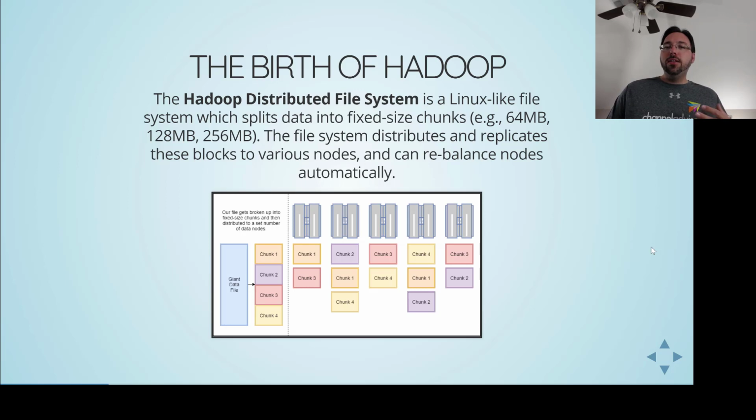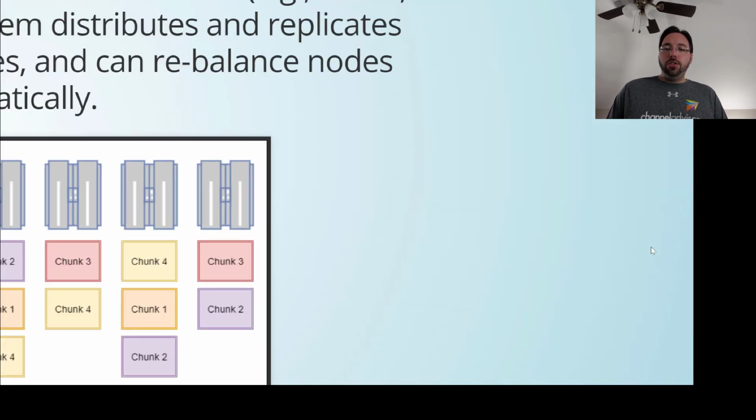The way that this file processing works is the Hadoop distributed file system. This is a Linux-like file system, and what we do is we take very large files and we break them up into discrete sized chunks. Typically, that'll be 64 to 256 megabytes per chunk, but you can change the size of those chunks.